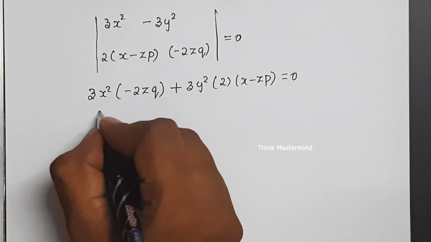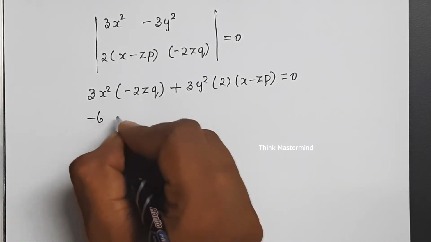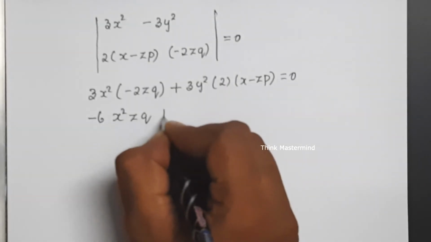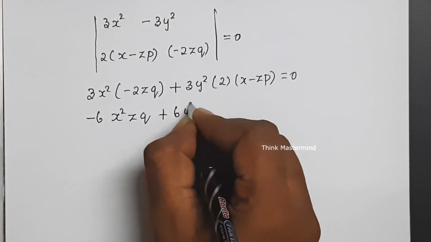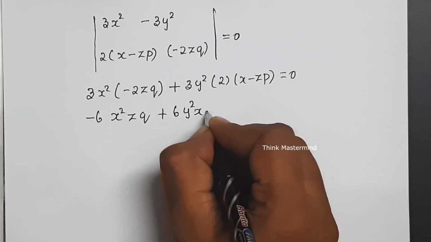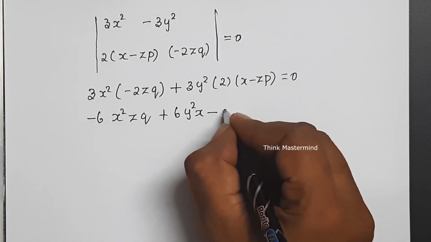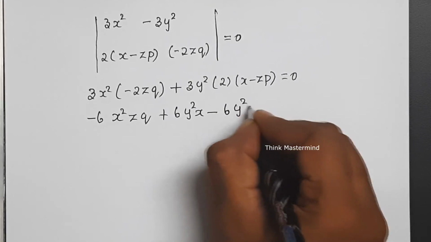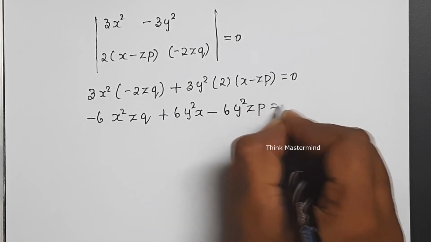Simplifying this, minus 6 times x square zq plus 6 times y square x minus 6 times y square zp is equal to 0.